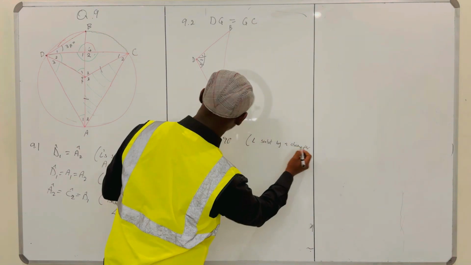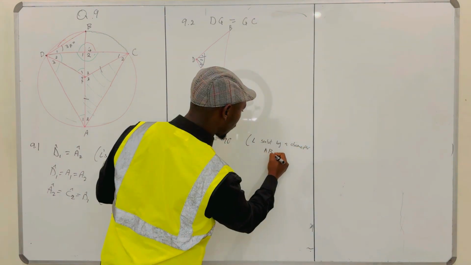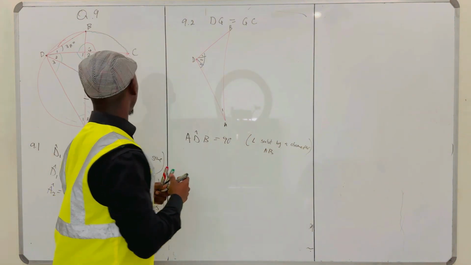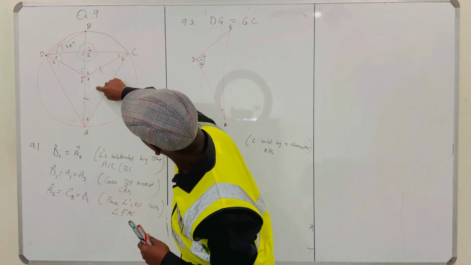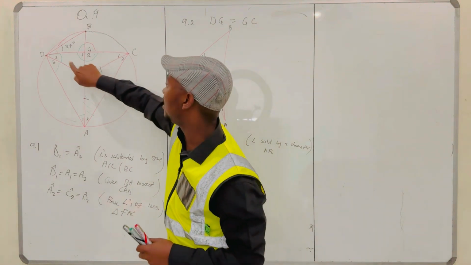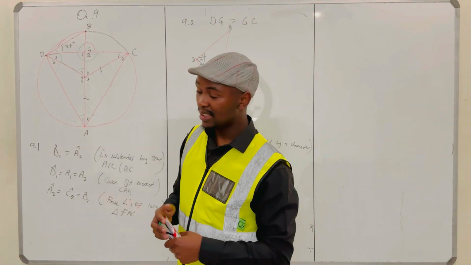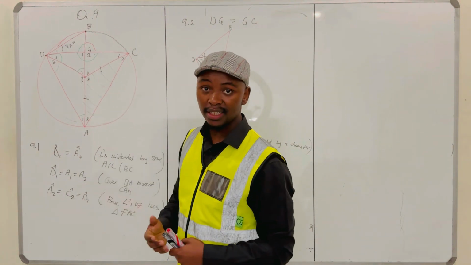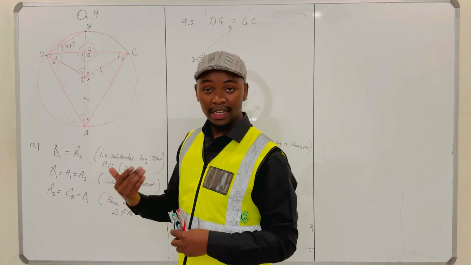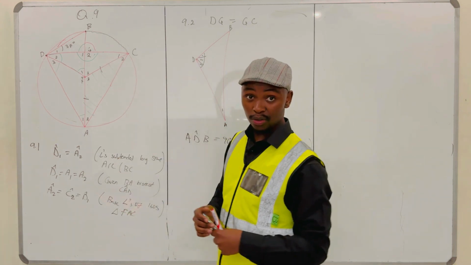What is that diameter? Diameter AB. One can say the angle at the center is 180, therefore the angle at the circumference is 90. Another reason you can give is that it's an angle in a semicircle. That is all equal to 90 degrees.